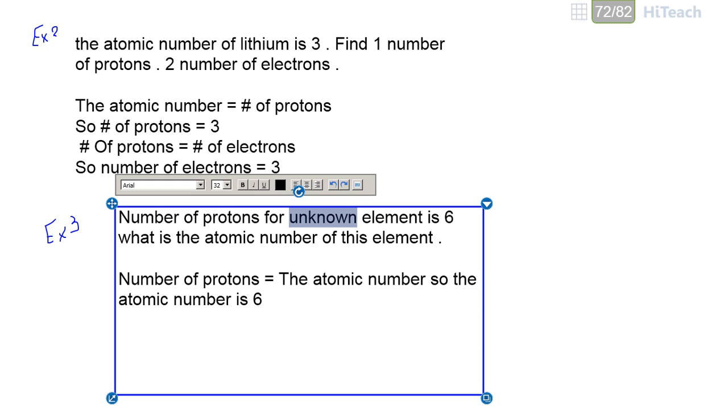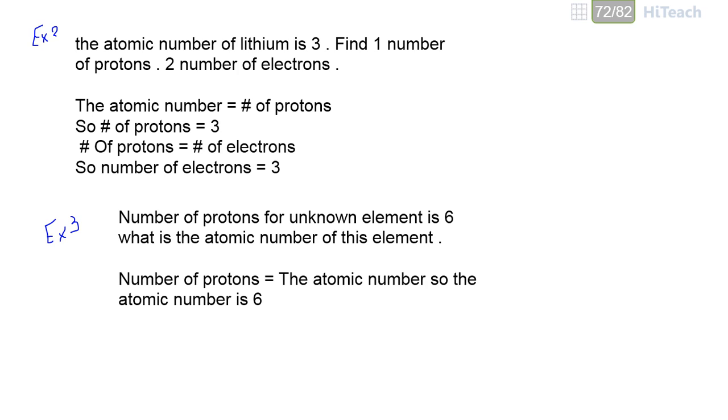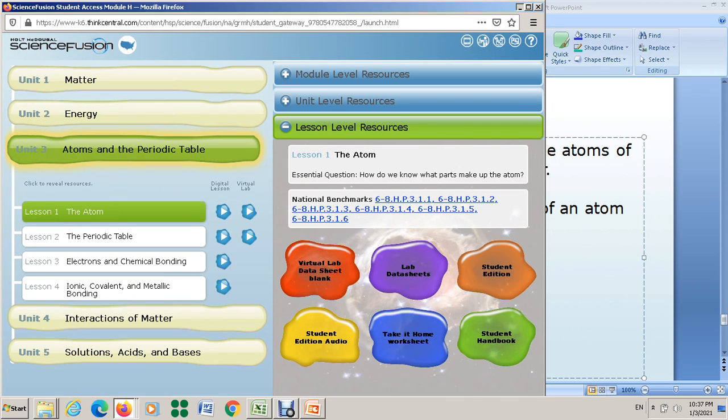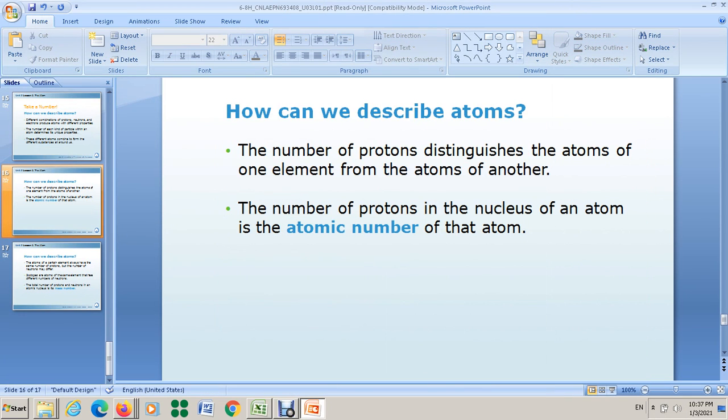So this is the first way to describe an atom, by using the atomic number. The number of protons distinguishes the atoms of one element from the atoms of another. If you're talking about the element with atomic number 6, I'm talking about carbon. If the element has atomic number 1, I'm talking about hydrogen. It's like an identity for these elements.